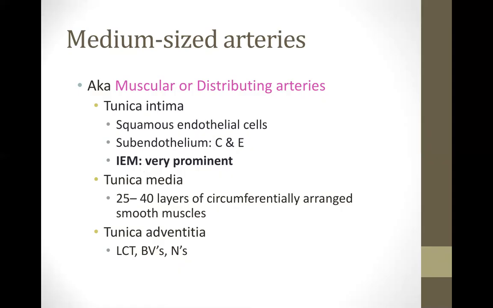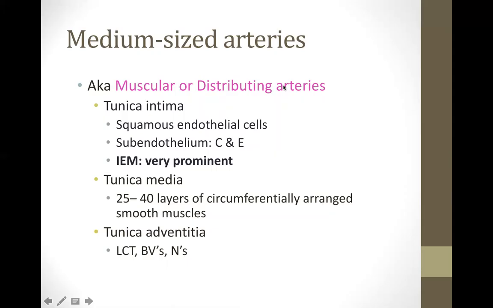The medium-sized arteries are also known as your muscular arteries or your distributing arteries. Class, do you want a way to memorize this? MMDA. Okay? Medium-sized arteries are muscular or distributing arteries. MMDA.